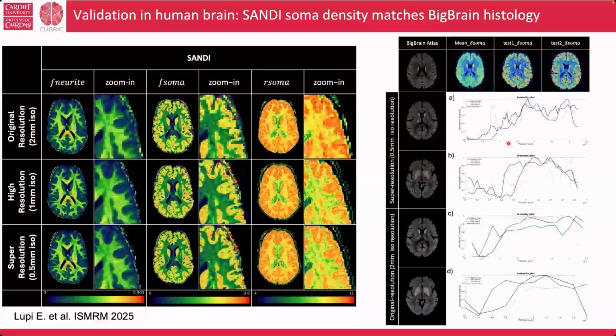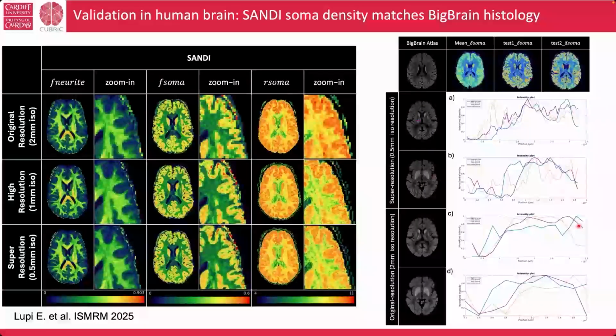And she was able to show, with comparison with the BigBrain histology dataset, that by super-resolving up to 500 micrometer cubed, we're able to resolve features in the brain cortex which are only visible on the BigBrain. And if you use the original resolution, which was 2 millimeter isotropic, you don't see those features.